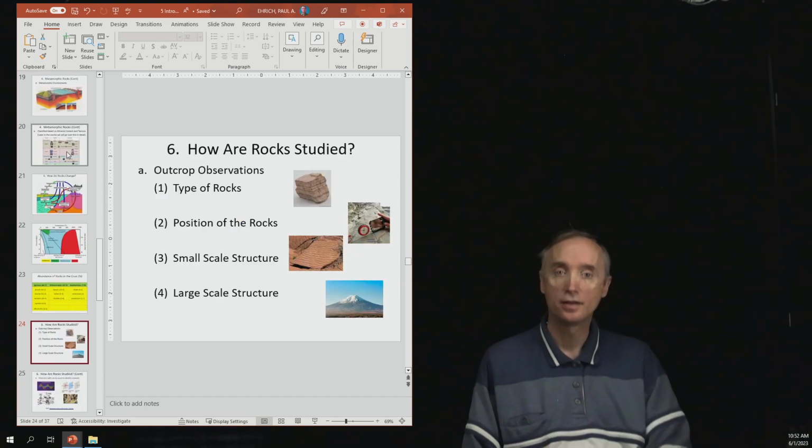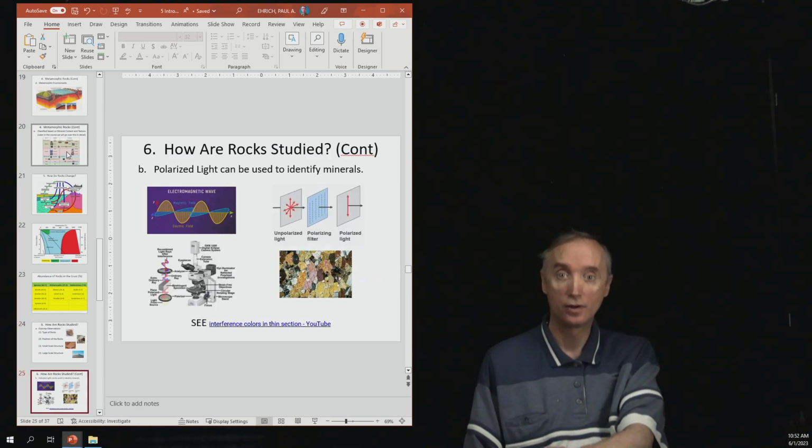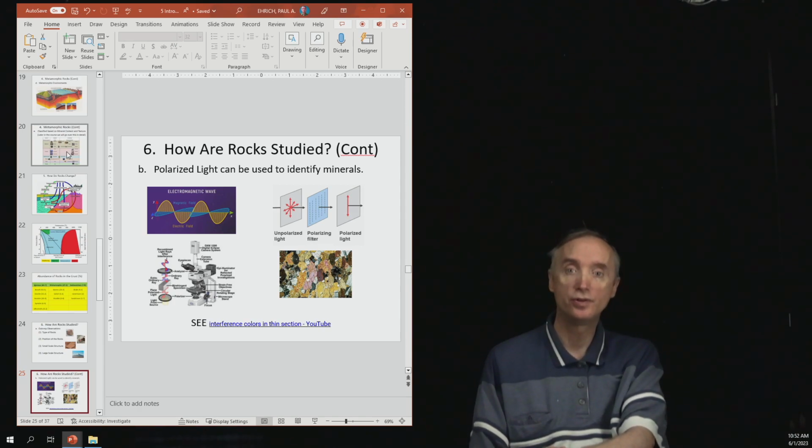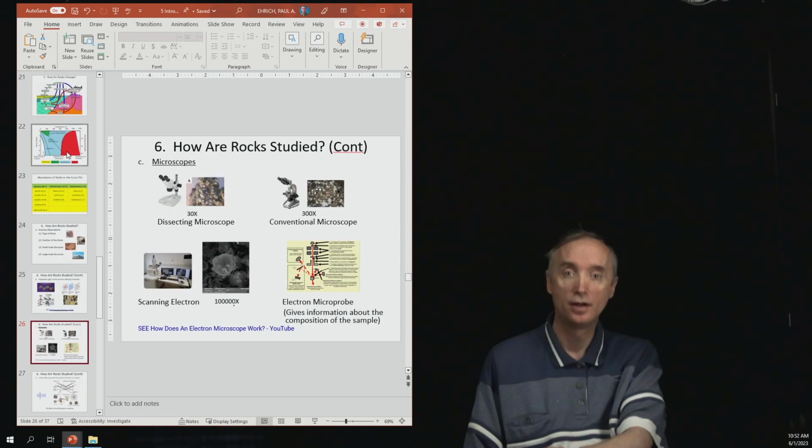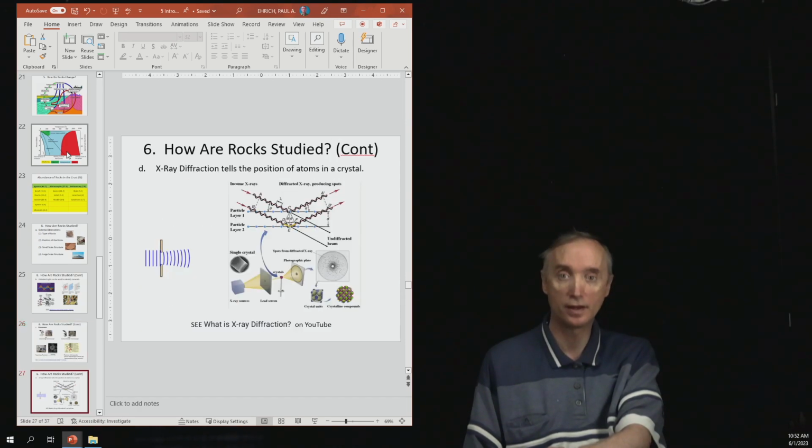Then the material on how rocks are studied, don't worry about that on the Unit 2 exam. Similarly, do not worry about polarizing microscopes, or other kinds of microscopes, or X-ray diffraction.